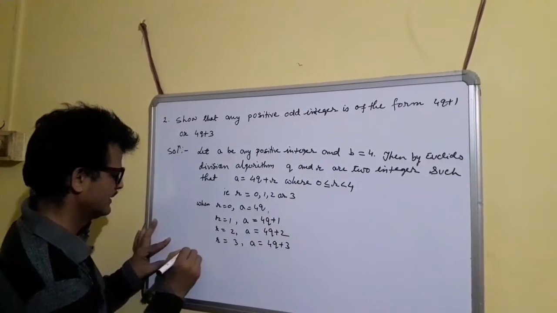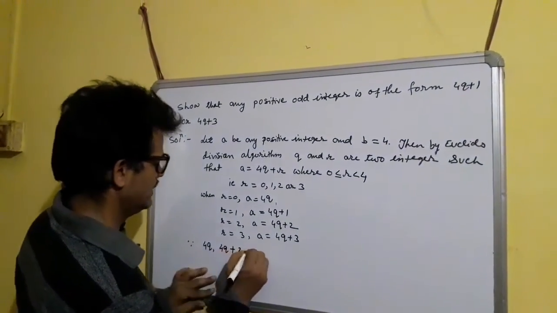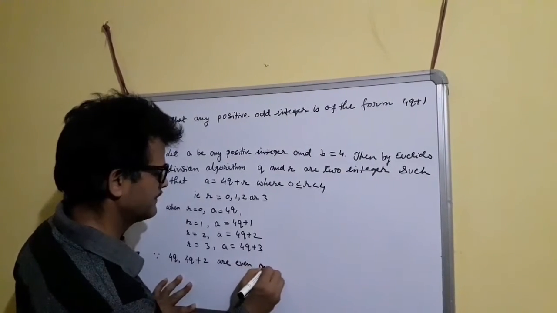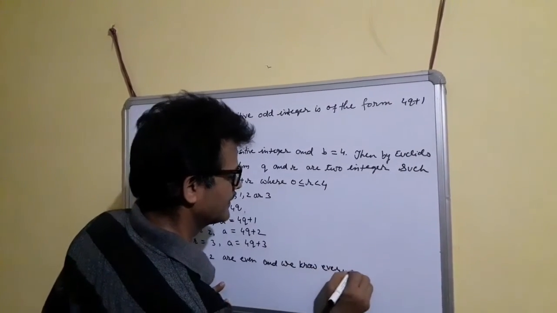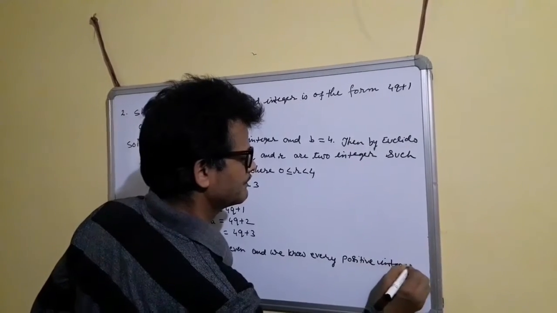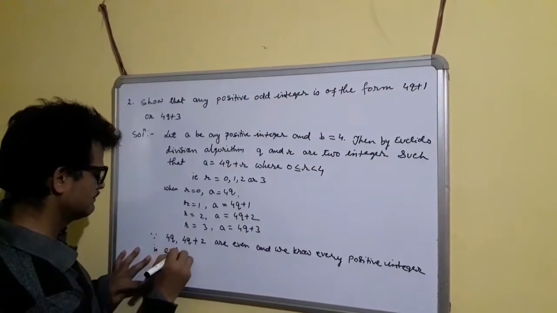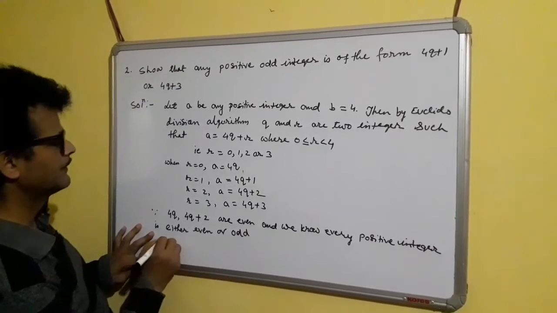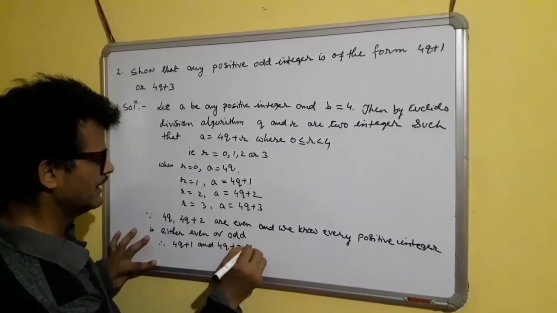Since 4q and 4q plus 2 are even, and we know every positive integer is either even or odd, therefore 4q plus 1 and 4q plus 3 are odd.